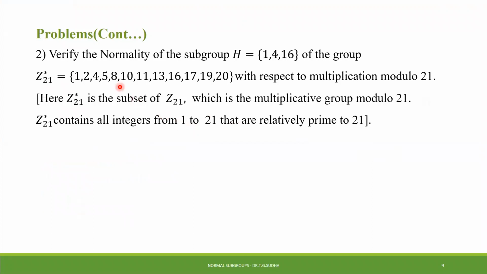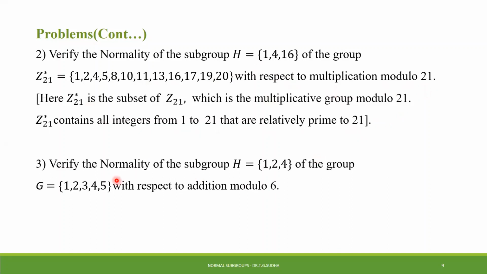So here Z21 is the modulo group, and here Z21 star will contain all integers from 1 to 21 that are relatively prime to 21. Now this is a group with respect to multiplication modulo 21. Just in the program, change the elements of H and change the elements of G, and we need to change the binary operation to modulo 21 and execute.